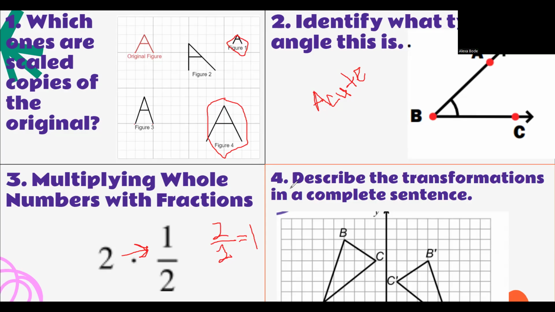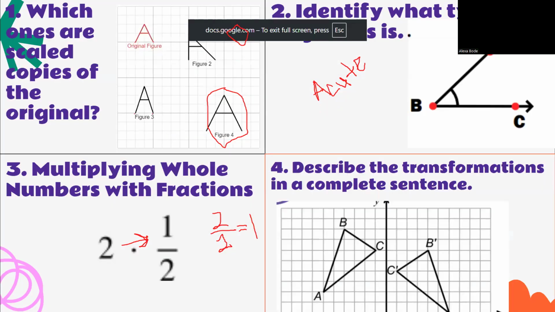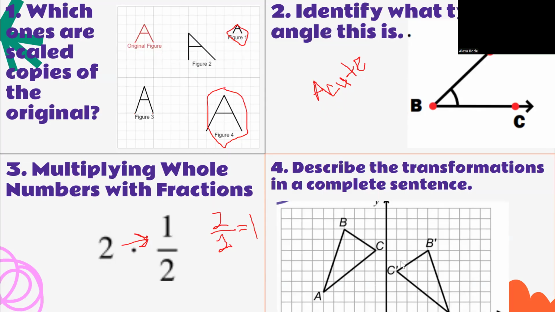Okay, this says describe the transformations in a complete sentence. Unfortunately, my screen is not showing you the whole image. So let me try that again. Okay. So notice here we have 2 different transformations right off the bat.